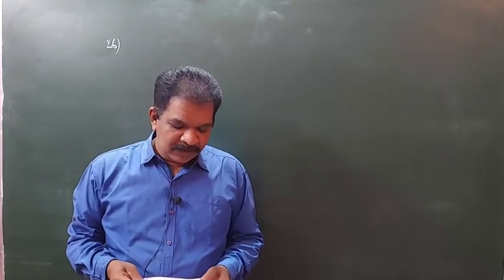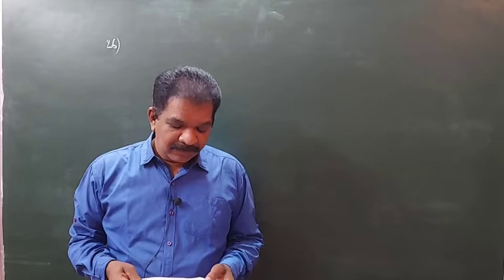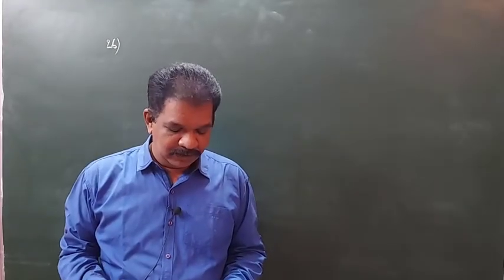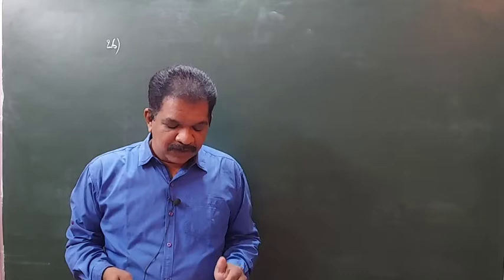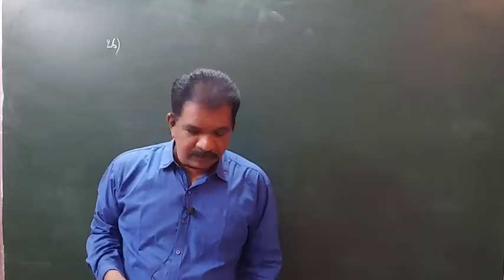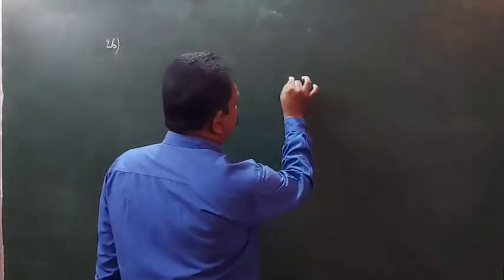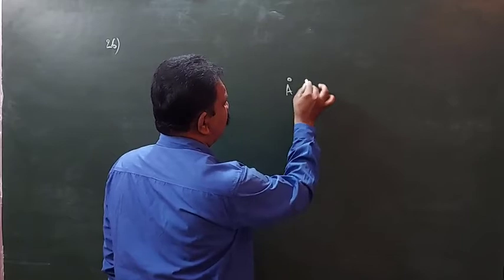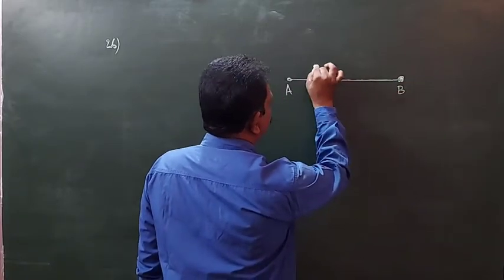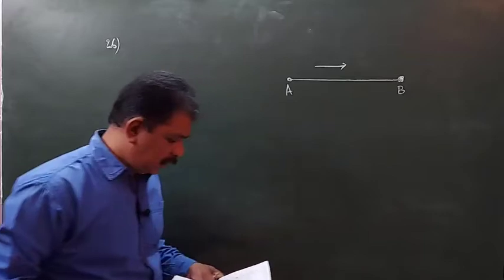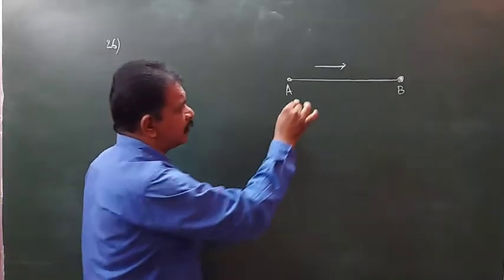What is his average speed? 26 will be average speed, 27 will be average velocity. Okay. So a person started from A, went to B with a speed of how much? 5 meter per second.